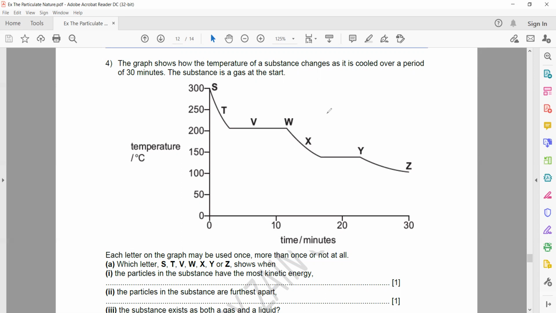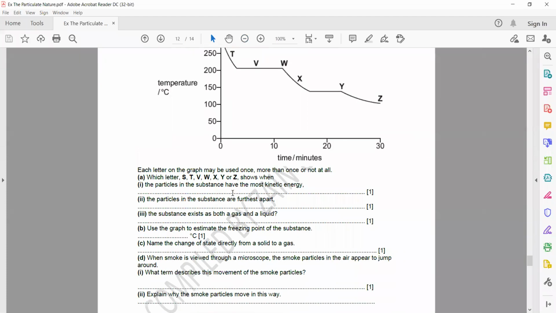Because it is a cooling curve, in a cooling curve we remove the energy. So in this curve the gas will turn into liquid and a liquid will turn into solid. Now what you have to do, you don't have to write the process, you just have to use the letters to answer.